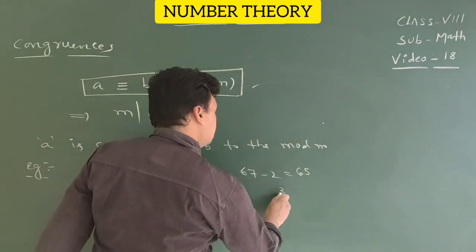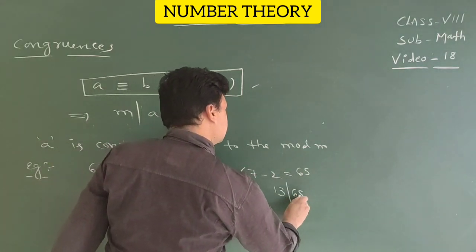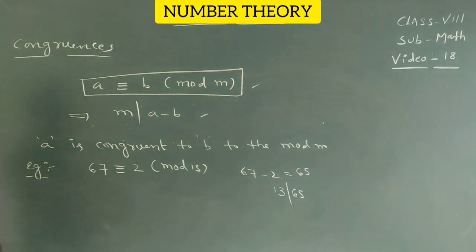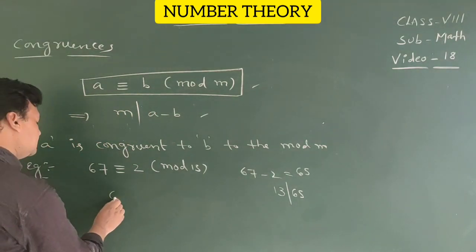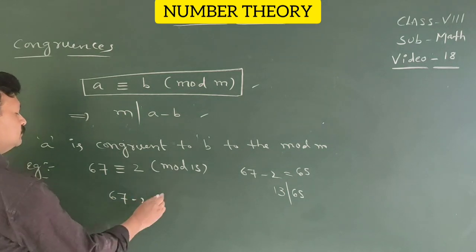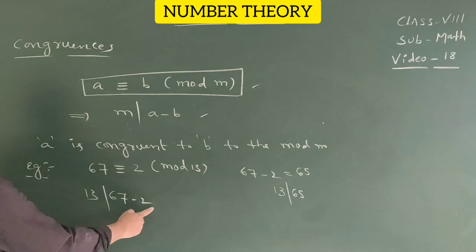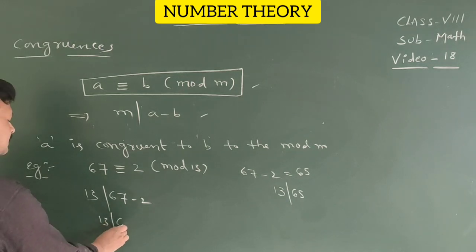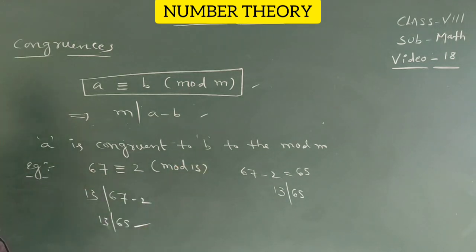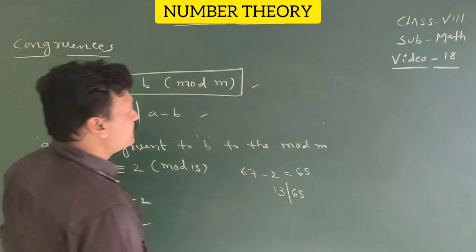That means 13 divides 67 minus 2, that is, 13 divides 65. Another example.